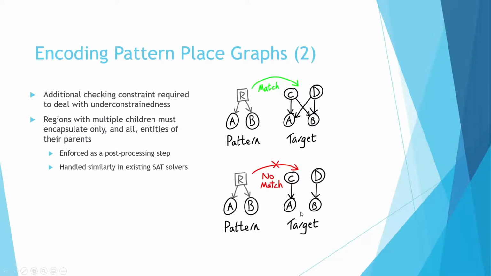However, that shouldn't be the case because you can't abstract the C and the D to this abstract region unless they are both parents of both A and B in this case. So this is enforced as a post-processing step and is also handled similarly in existing SAT solvers. So that's just one extra step we have to take to make sure that it's a valid encoding.